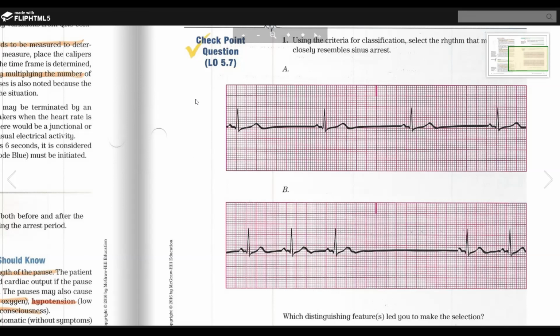From where did you start off? Because I got 10 big squares. You need to start from the R wave before it died, I guess, to the last one. Well, that's what I understood. I didn't hear him, to be honest.